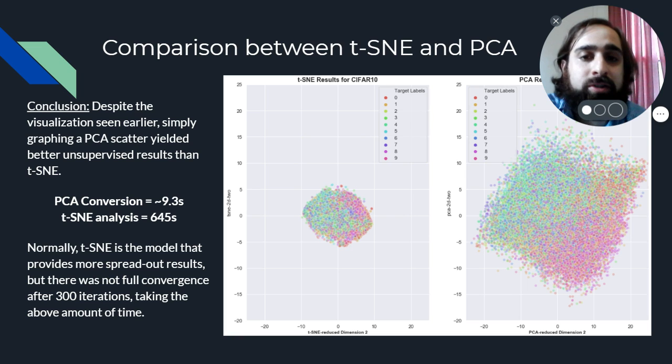So the computationally heavy component to TSNE is a little understated in my opinion. And in contrast, it emphasizes just how good of a baseline separation of data classes you can get from PCA alone, even though we've established previously that PCA isn't really all that good for image classification.